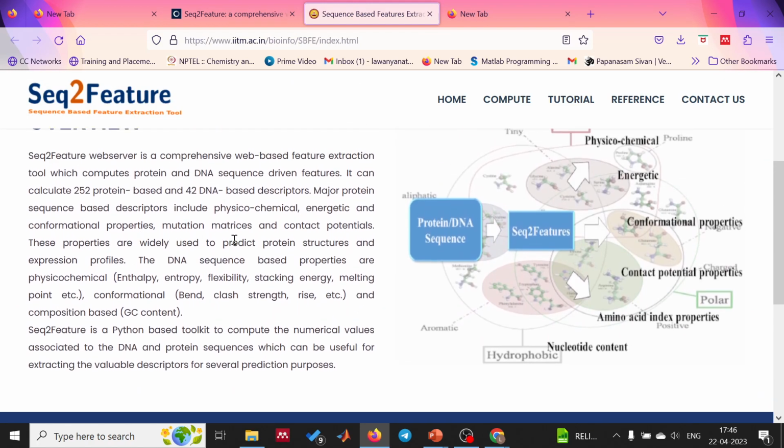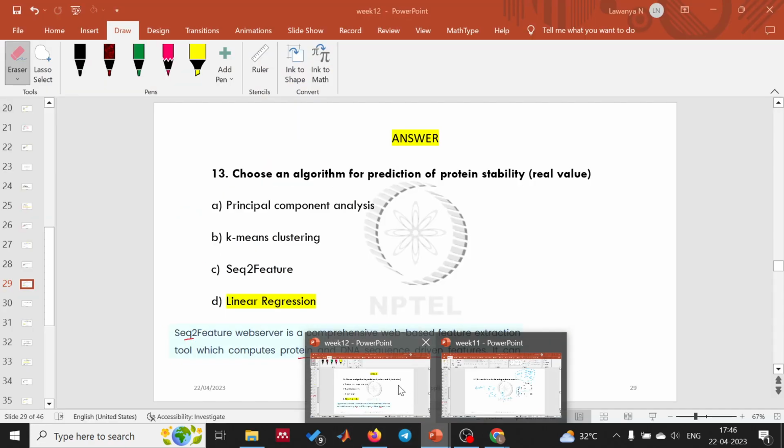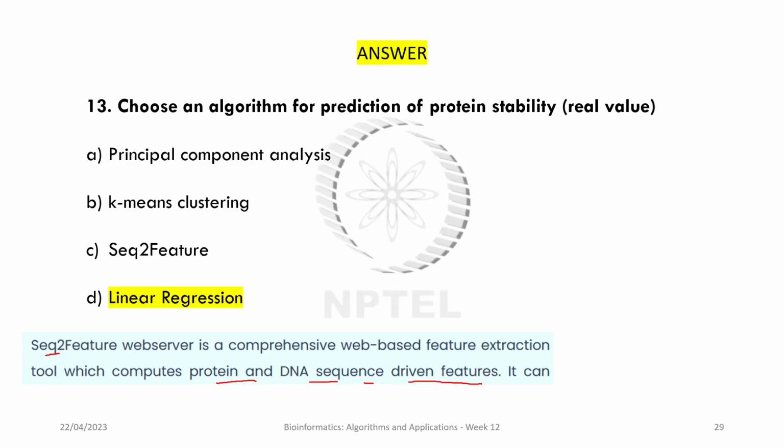Although you have predict protein structures and expression profiles, the DNA sequence-based properties are physicochemical, enthalpy, entropy, and stuff associated with DNA and protein sequences, which can be useful in extracting valuable descriptors for prediction purposes. But you will not directly use this for calculating the real value of protein stability, right?